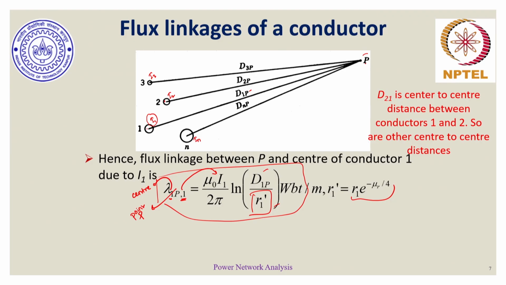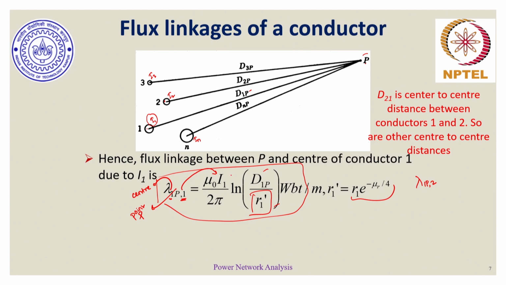Similarly, if we now try to find lambda 1p comma 2, it is the flux linkage at point P with respect to the center of the conductor carrying current I1 due to current I2.